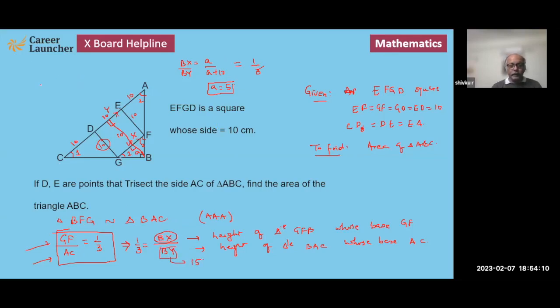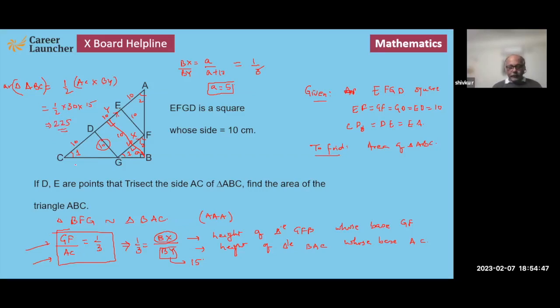So the area of this triangle ABC का जो area है, it will be equal to half of base AC into BY, which is equal to half of 30 into 15, so we'll get the answer as 225.